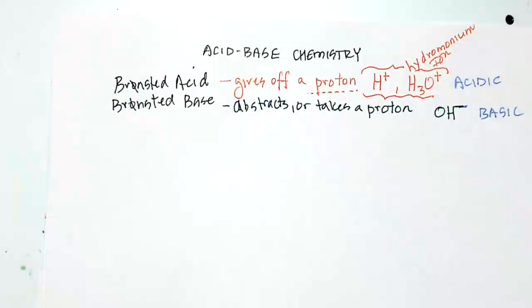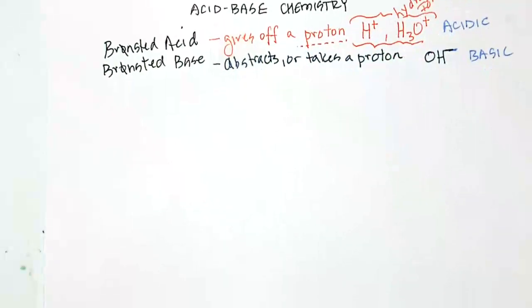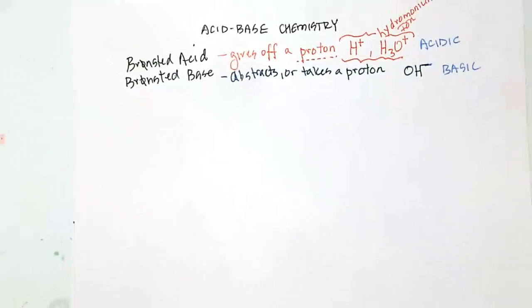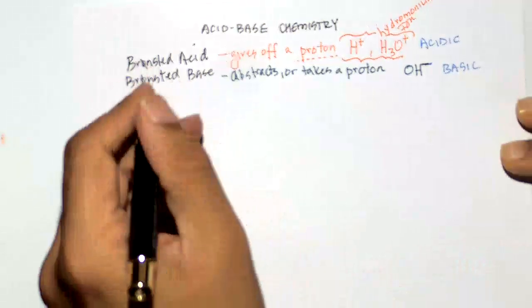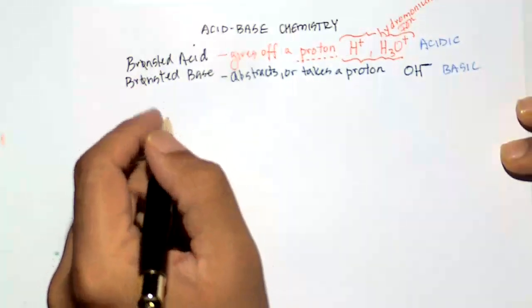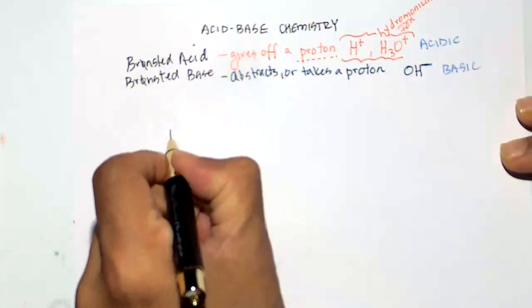All right, I'm going to give you some formulas here, and you do not have to know how they're derived. I'm going to derive them for you, but there will be no derivation on any exam. Let me give you the general formula for a Brønsted acid.